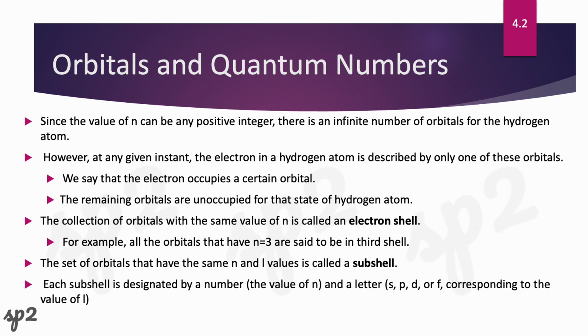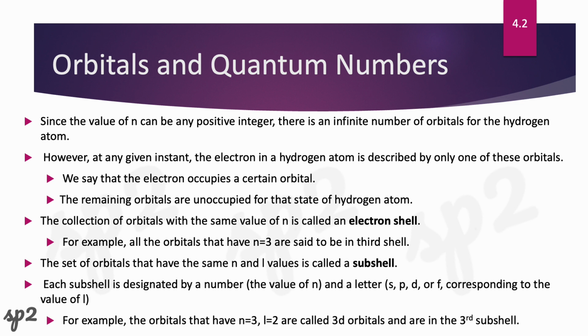Each subshell is designated by a number, which is the value of n, and a letter, which is s, p, d, or f, corresponding to the value of l. For example, the orbitals with n equals 3 and l equals 2 are your 3d orbitals, and they're in the 3d subshell. Okay, excellent.